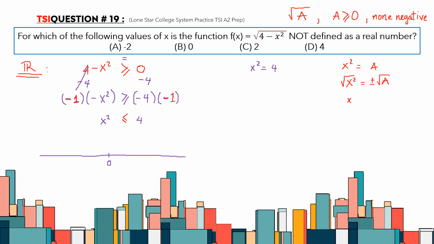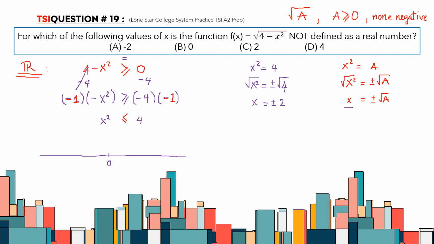So x equals plus or minus the square root of a. That's the formula. So the square root of x squared equals plus or minus the square root of 4. Now x will be equal to plus or minus 2. You see that the square root and the square cancel, so you are left with only x.